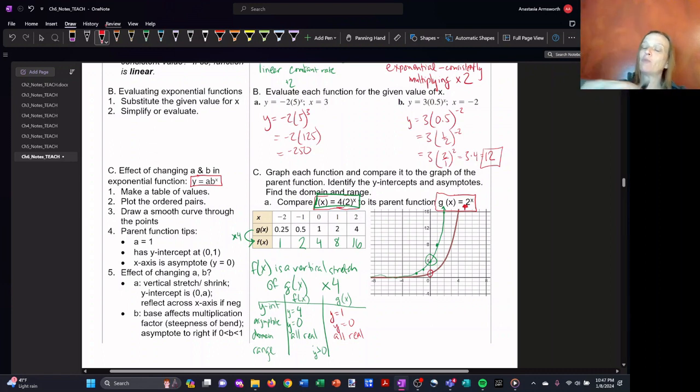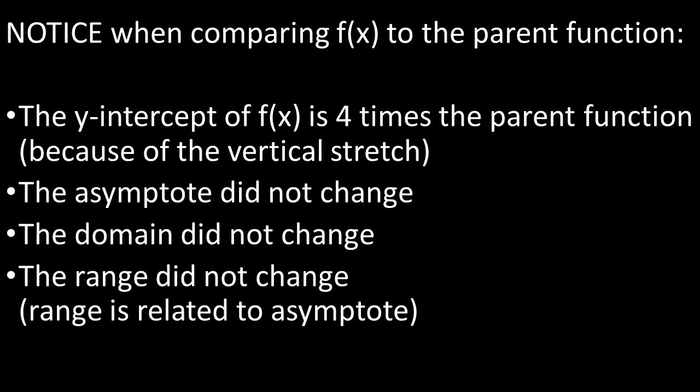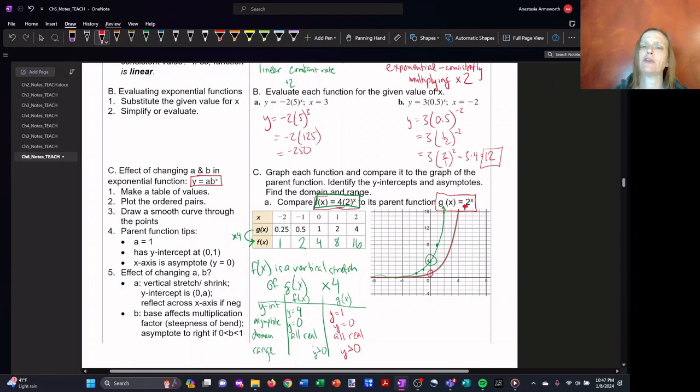But in the y direction, with that asymptote being at 0, our y values need to be greater than 0. So these are some of the features you can be asked about on an exponential function graph: y-intercept, asymptotes, domain, and range.